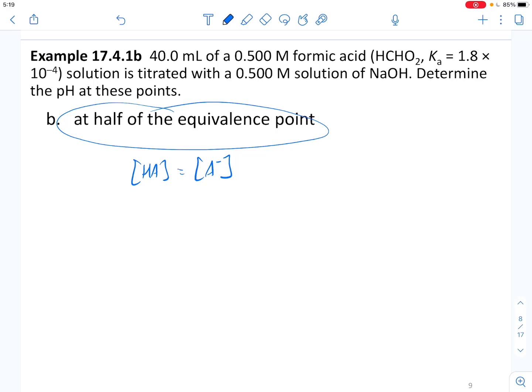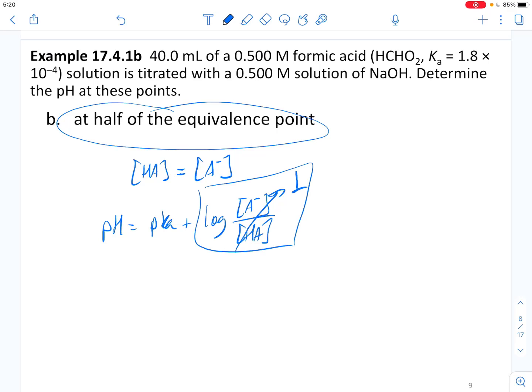So the concentrations are equal. If we use pH equals pKa plus logarithm of A minus over HA, this ratio is 1, which makes the whole log term 0. Logarithm of 1 is 0.